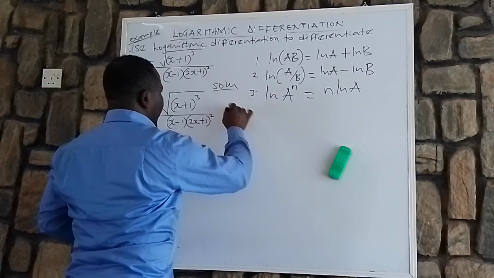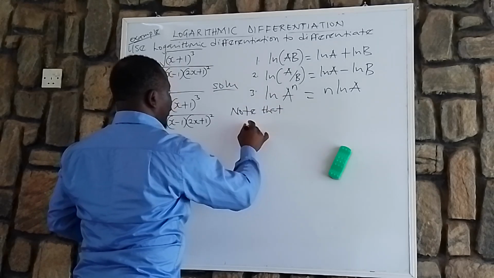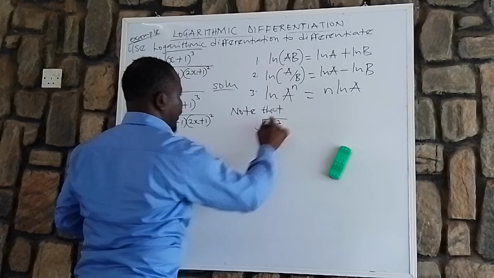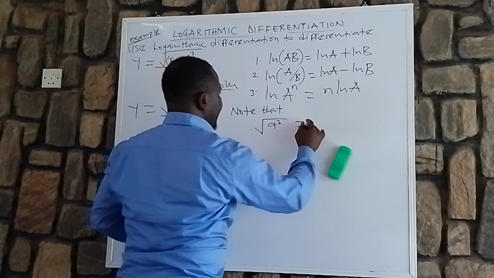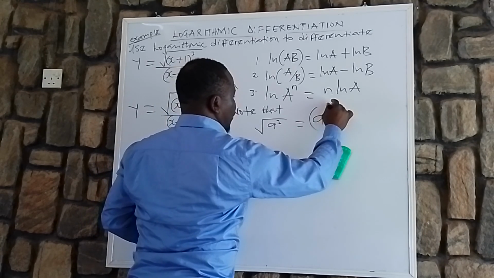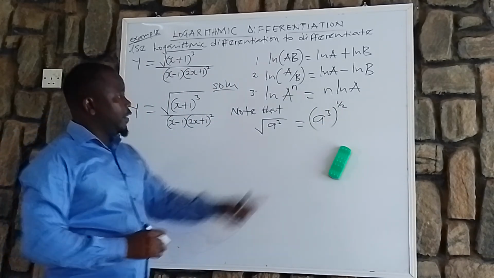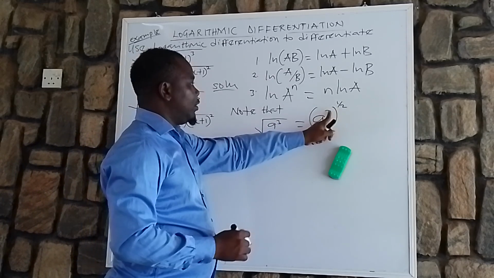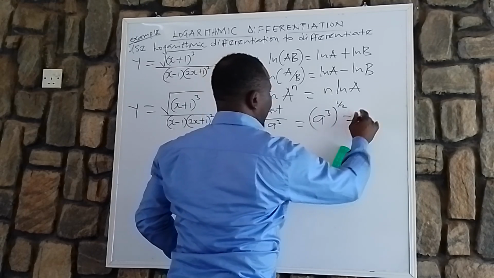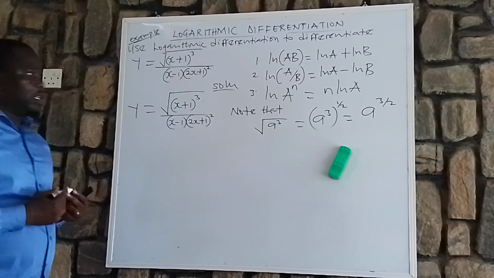Note that, going back to indices, if we have a raised to power 3 and then the square root, this is the same thing as a raised to power 3, in brackets, raised to the power of 1 over 2. So here we are going to apply the power law. This is a power, this is another power. So 3 times half is going to give us a raised to the power of 3 over 2. Do you agree with me?